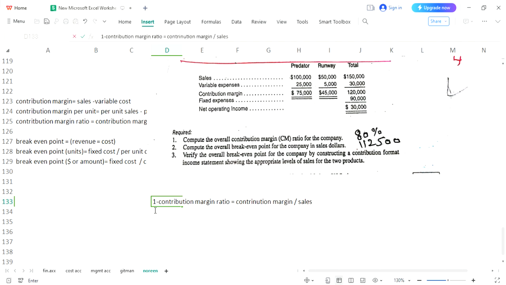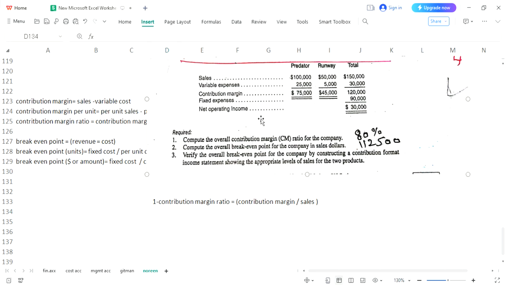And I have told you, if you multiply this by 100, you will get your answer in percentage, and if you are not multiplying it by 100, you will get the answer in times.